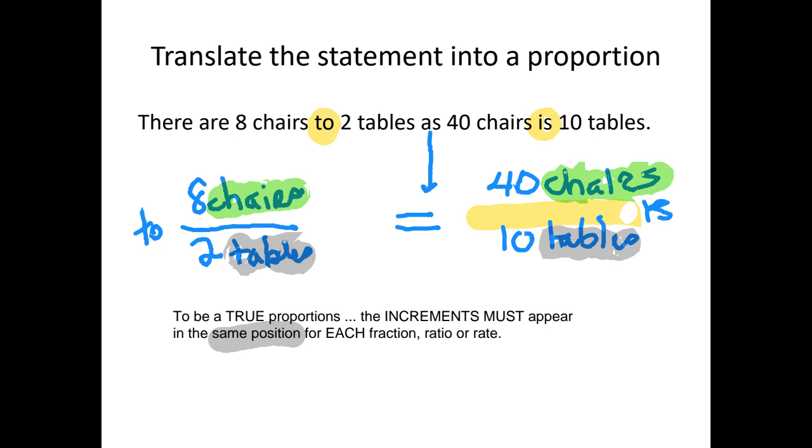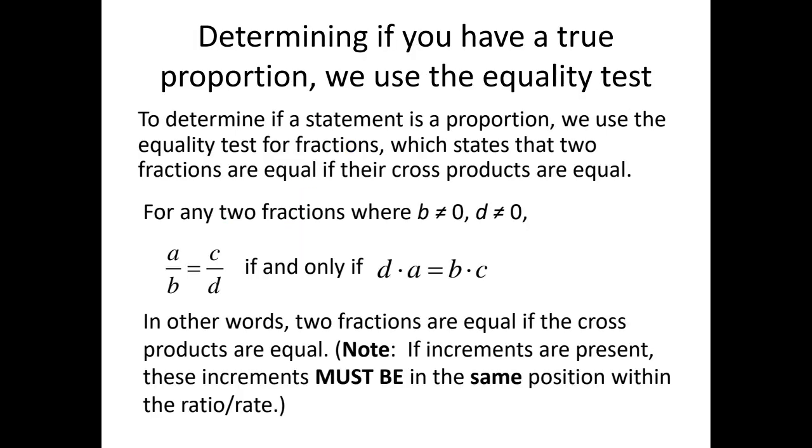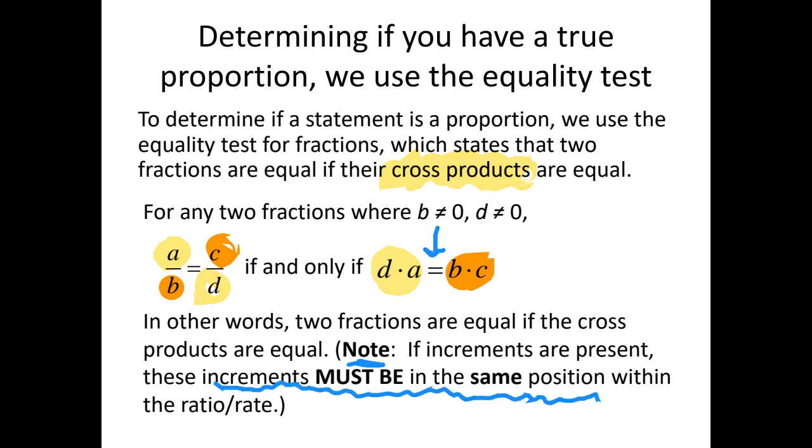Now, here we go. This is something most of you do know. When you have a proportion, in your past life, you have taken the cross products. A multiplied by D, see right there? And C multiplied by B. And then, of course, we have the equal sign. They must be equal. And again, note, the increments must be in the same position. Okay, that's when we get to the story problems.